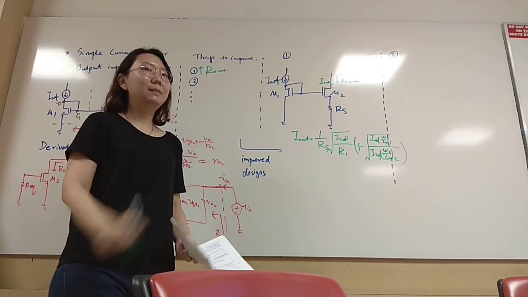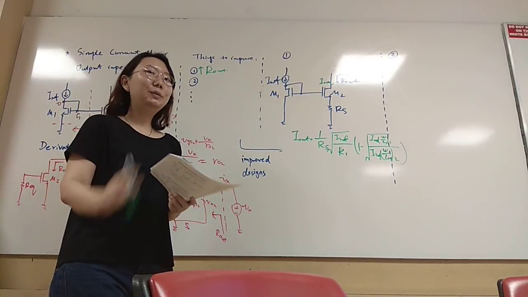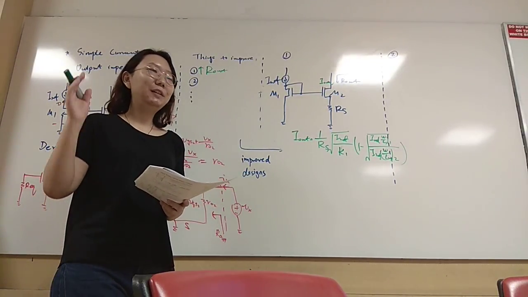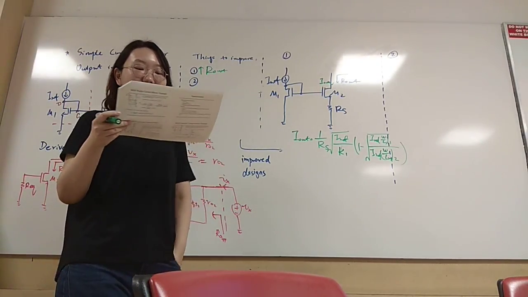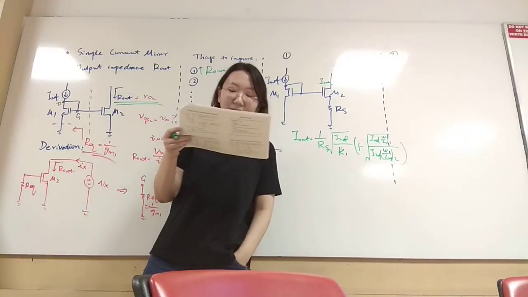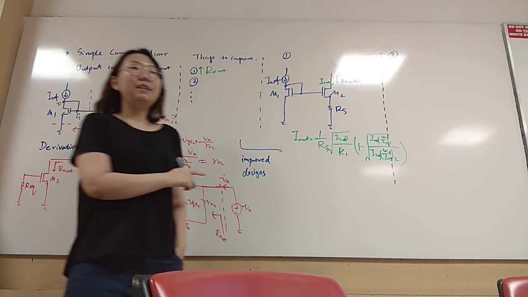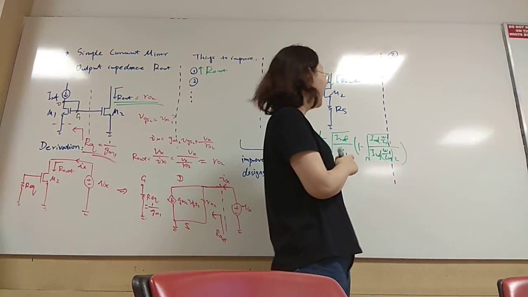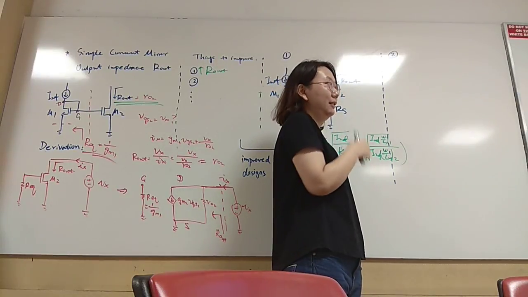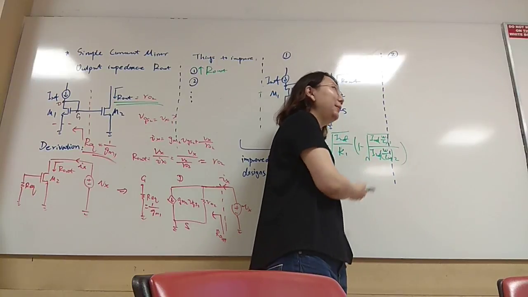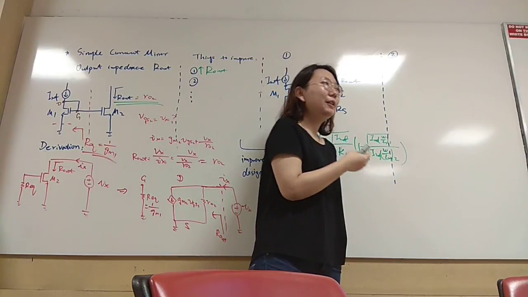It's inside the notes. I read through your new notes already, and I'm very sure it's inside your notes as well. This equation is a bit complicated, and I don't think you are expected to remember it. For current mirror questions, there are only two kinds of question.